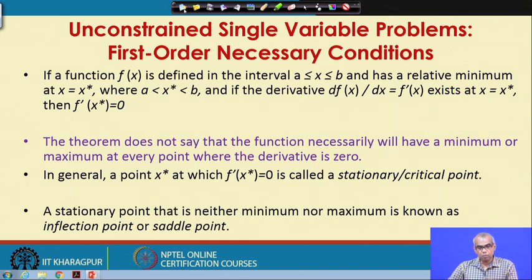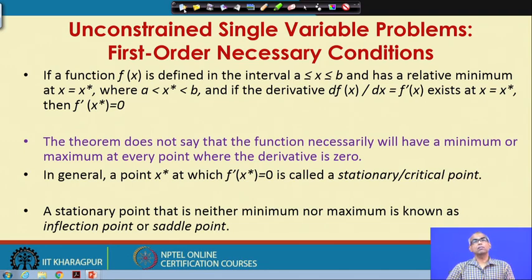So, in general, a point x star at which the derivative is equal to 0 is called a stationary point or a critical point. A stationary point can be a local minimum or it can be a local maximum. It is also possible that a stationary point will be neither minimum nor maximum. In such cases, such stationary points are known as inflection point or saddle point.